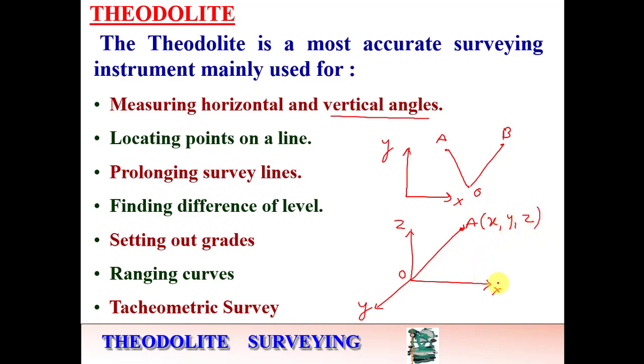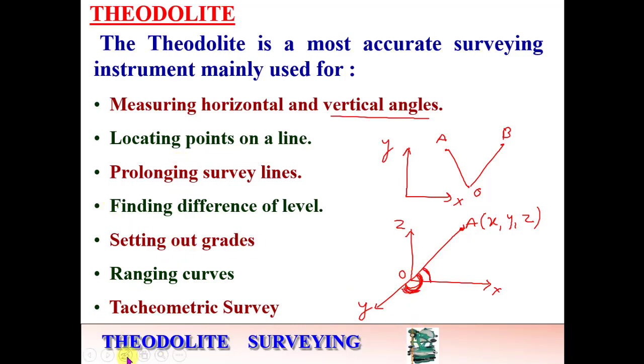With the help of theodolite you will be able to find this angle with respect to your x-axis as well as the angle with respect to your y-axis. So these are the two different angles you can find with the help of theodolite.